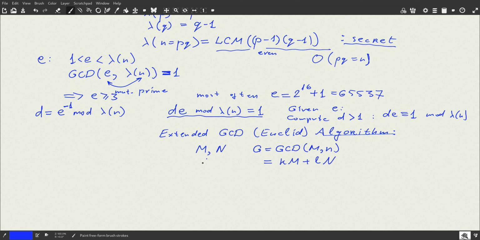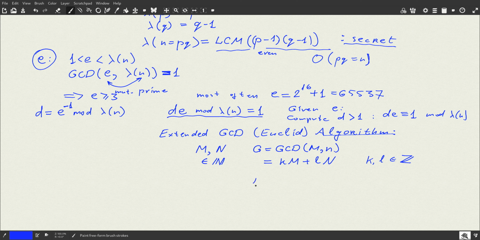Let's say m and n are natural numbers in this case. Obviously, k and l can be negative, so in general we can say k and l are just integers. And in particular, we already required, please look here, in the definition of e, that the GCD of e and lambda of n equals 1.